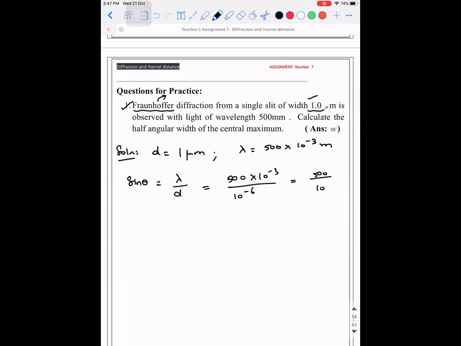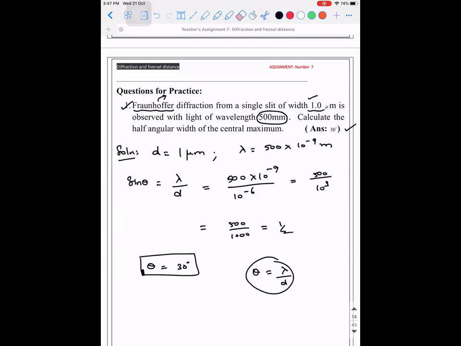So there is a mistake in the question. The wavelength cannot be in millimeter. It has to be in nanometer, 10 power minus 9. So it will be 10 power 3. So 500 divided by 1000 is equal to half. So what will be the value of theta, guys? If you write theta is equal to lambda by d, then you will get it in radians.